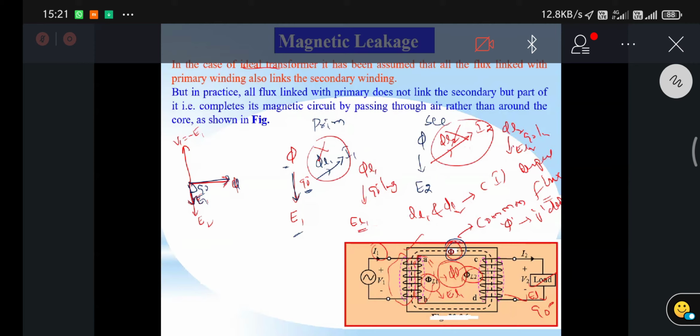The leakage flux links with either the primary or the secondary, but not both, and it has no role in transferring power from one circuit to another. That part you have to remember.